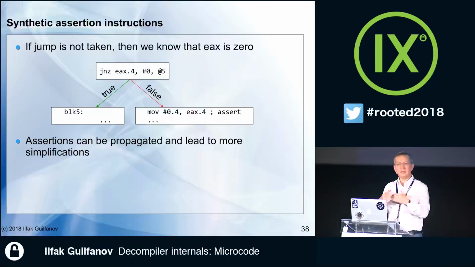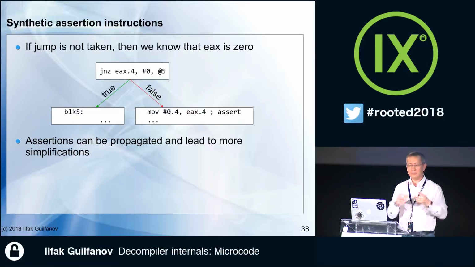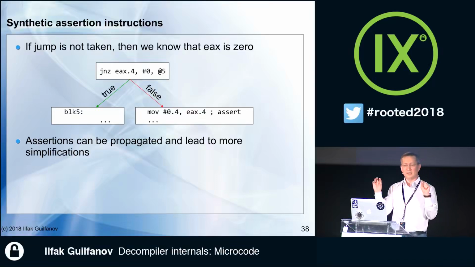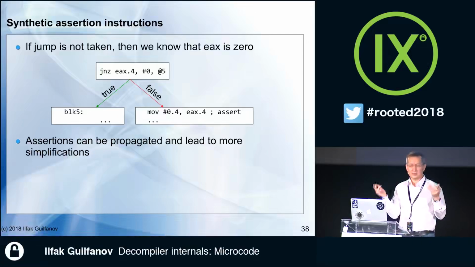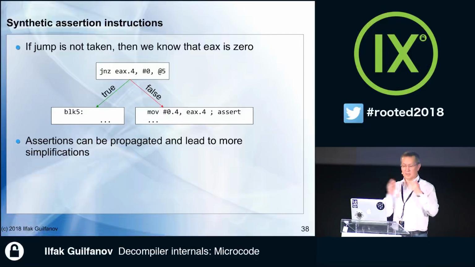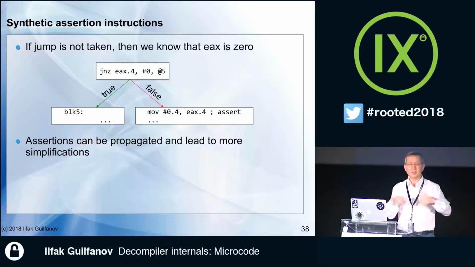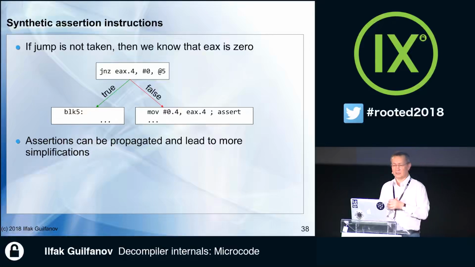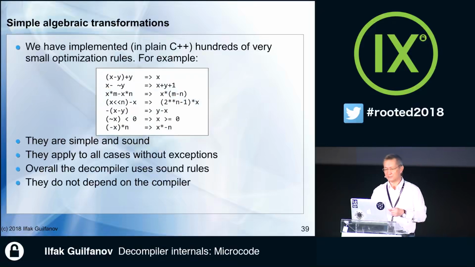But it's not explicitly expressed in the microcode. Therefore, we generate a so-called assertion. An assertion is a micro-instruction that says that EAX has this value at this point, and later this move instruction will be propagated and it will lead to more simplifications. That's one of the transformation rules that we use.